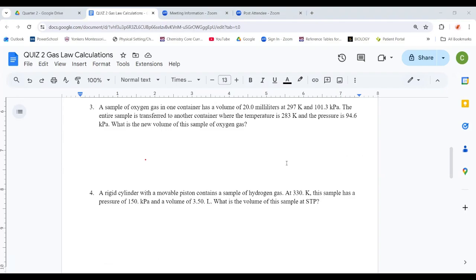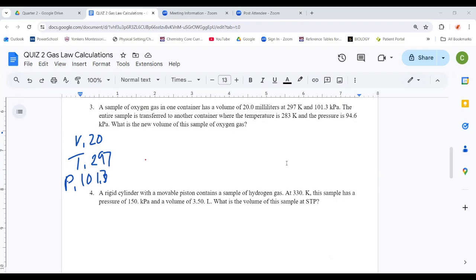So a sample of oxygen gas in one container has a volume of 20 milliliters, so V1 is 20, at temperature 297 and pressure 101.3 kPa. All right, the sample is transferred to an entirely different container.